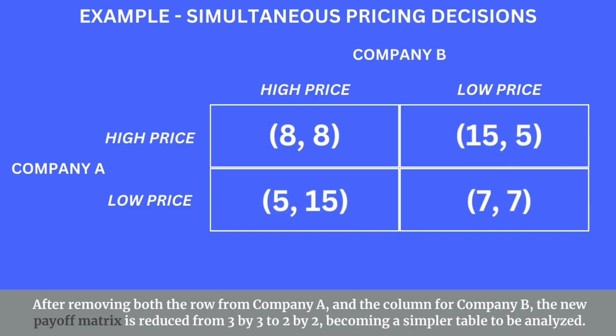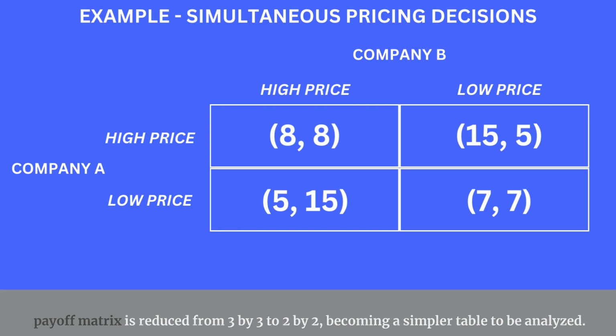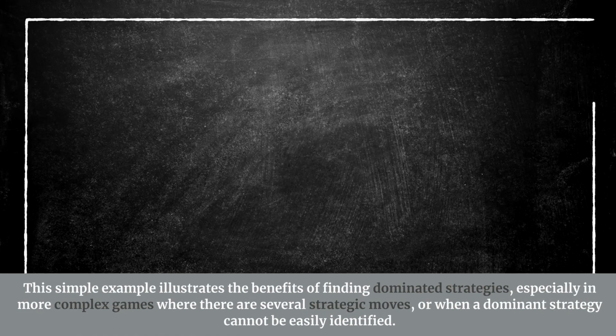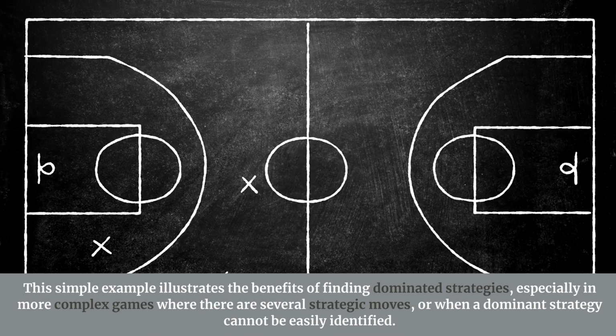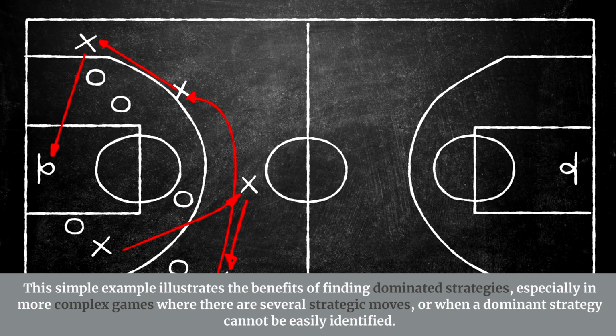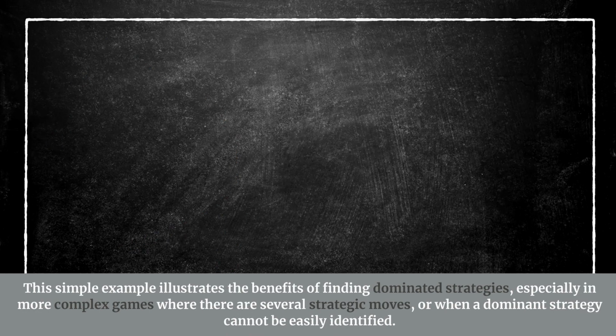After removing both the row from Company A, and the column for Company B, the new payoff matrix is reduced from 3x3 to 2x2, becoming a simpler table to be analyzed. This simple example illustrates the benefits of finding dominated strategies, especially in more complex games where there are several strategic moves, or when a dominant strategy cannot be easily identified.